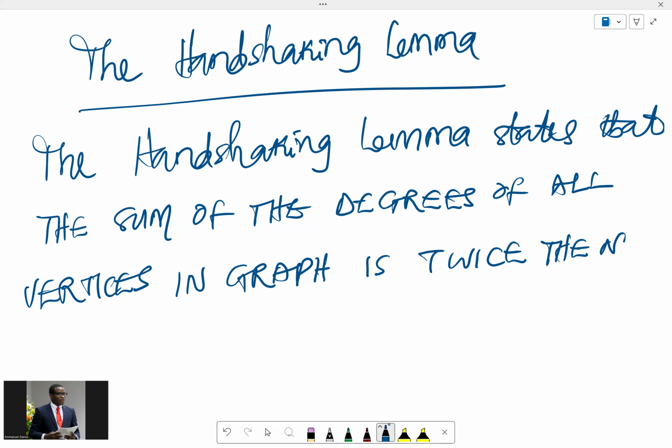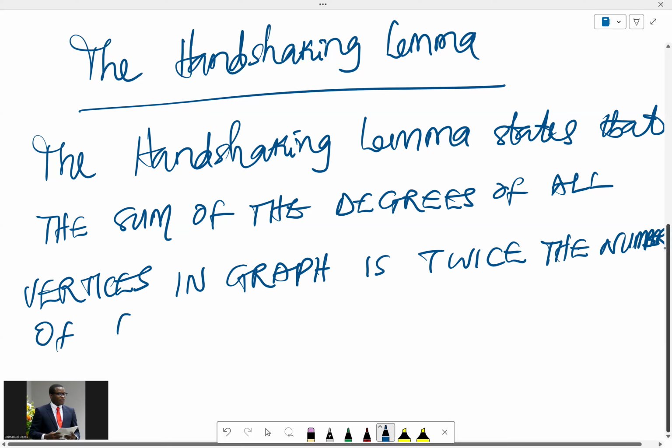Let me emphasize this. The handshaking lemma states that the sum of the degrees of all vertices in a graph is twice the number of edges. That is what the handshaking lemma states.